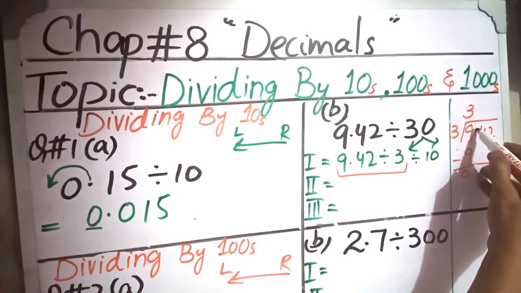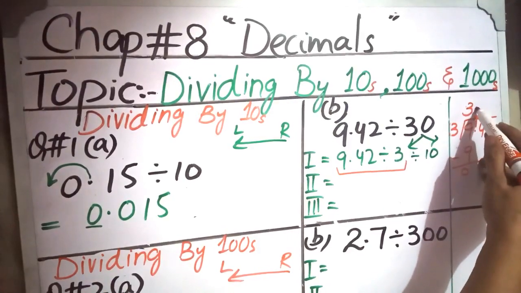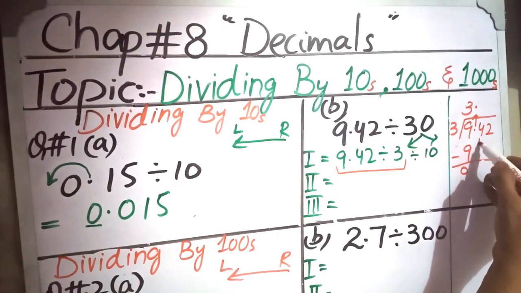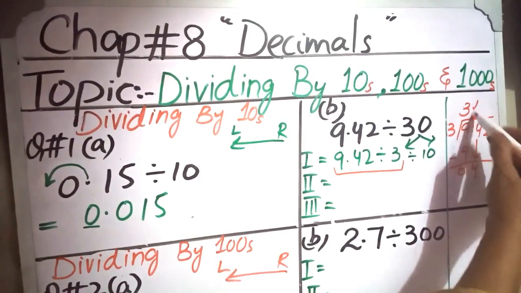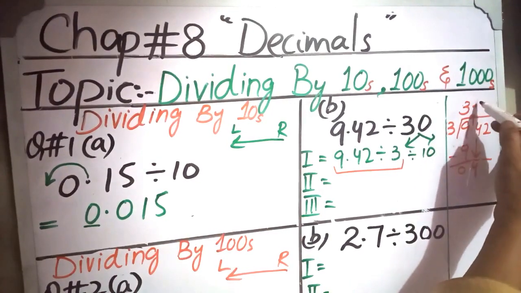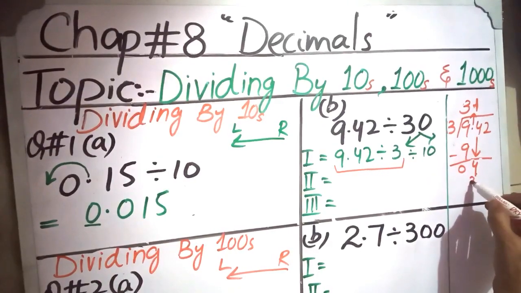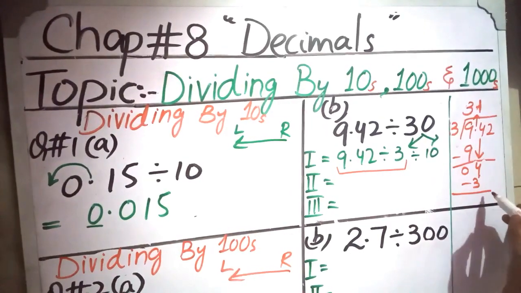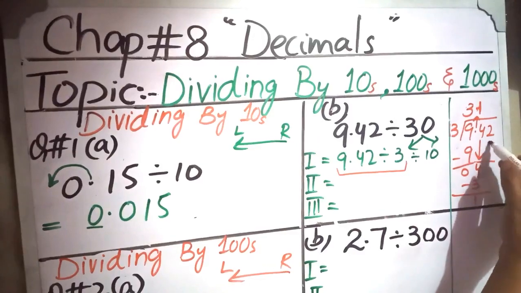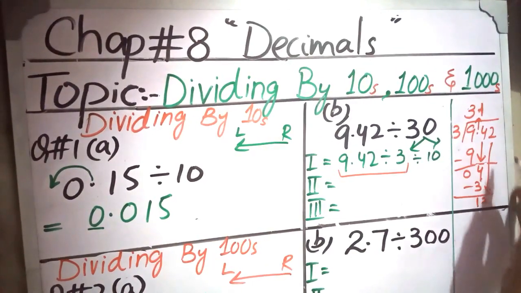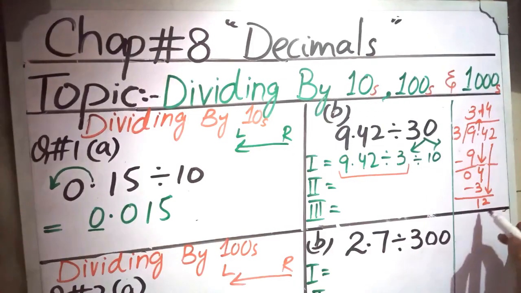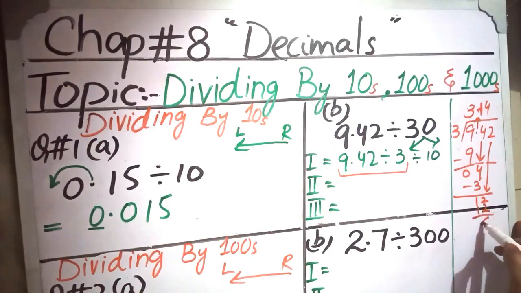Then you will shift the point upward. Then you will drop down 4. Then 3 ones are 3. After subtraction, we will get 1. Then drop down 2 to make it 12. Then 3 fours are 12.